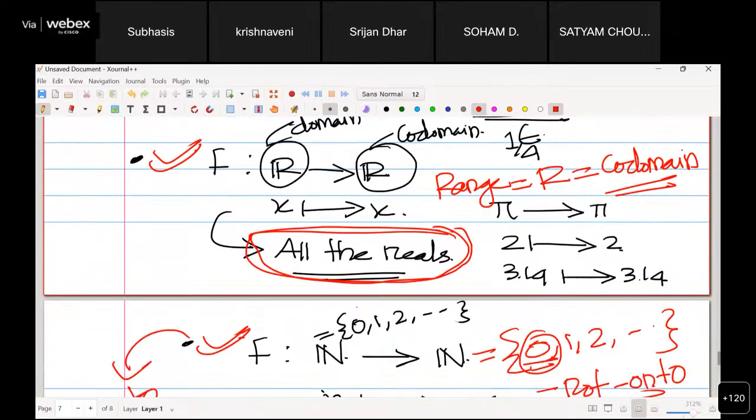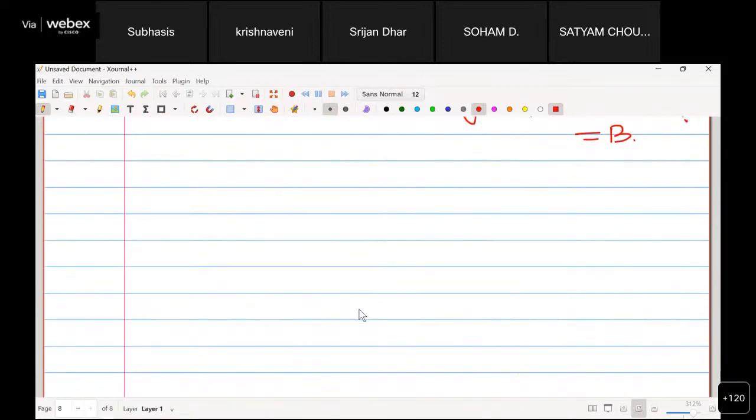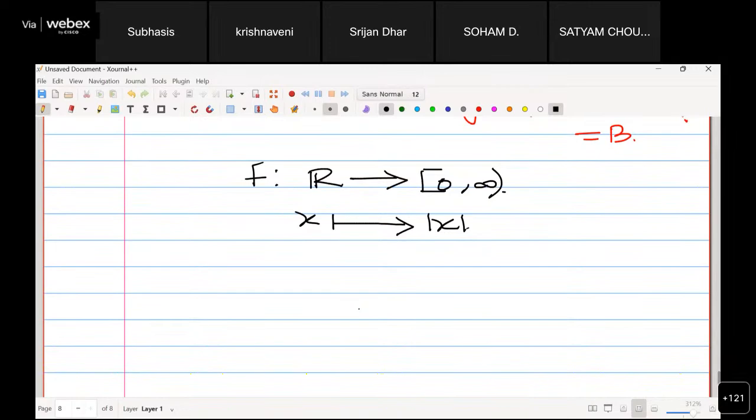Okay, so let me take one more example. I'll take the same thing, but slightly change it. My function is from R to 0 to infinity, and x goes to modulus of x. So what is the domain here?